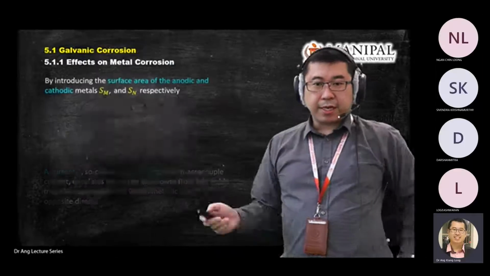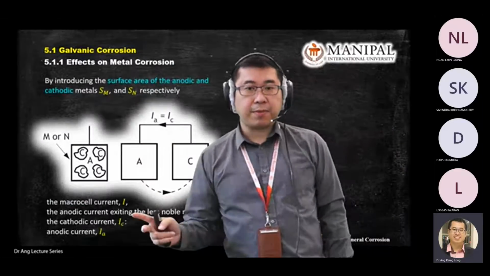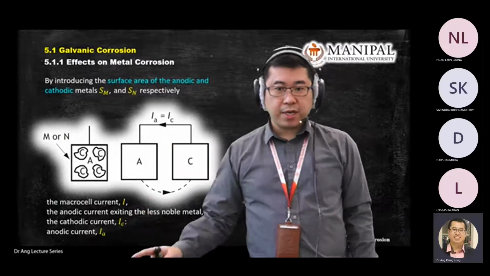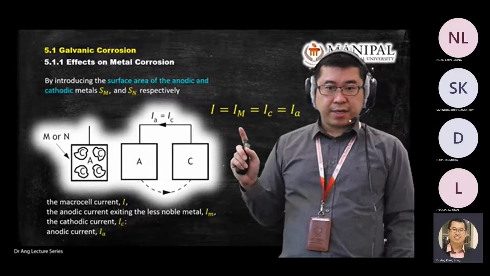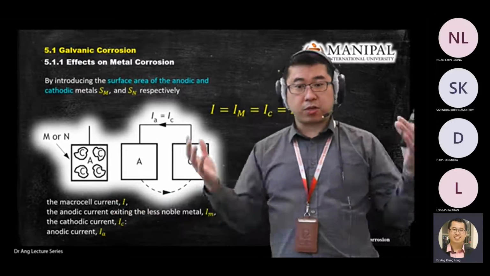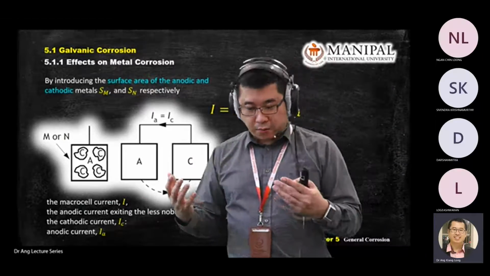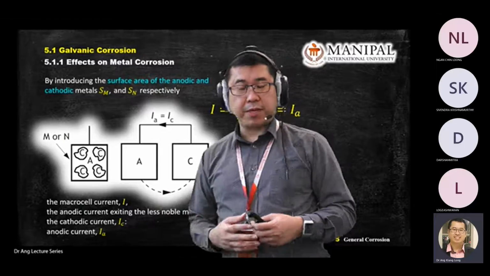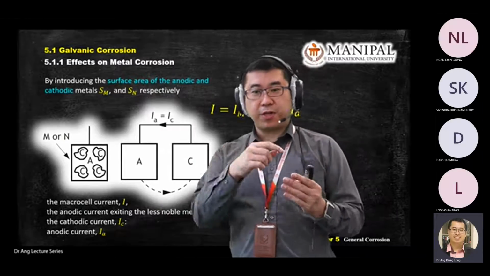Previously we talked about a few parameters when we talk about galvanic corrosion. We talked about current. Macro cell current means the total current you have in the cell. We also watched a video, if you can remember, where we have two metals linked with a bridge.